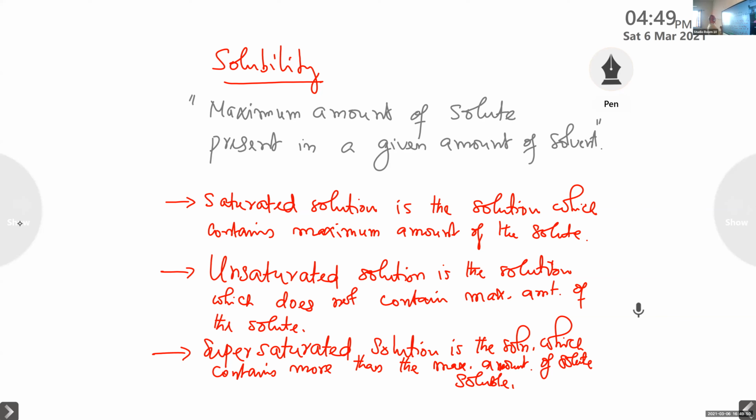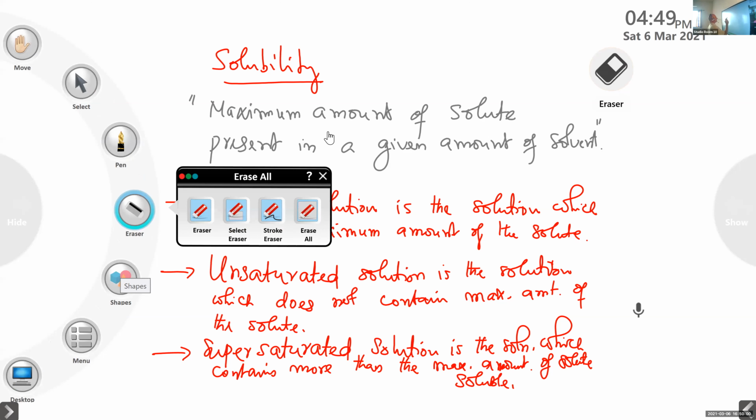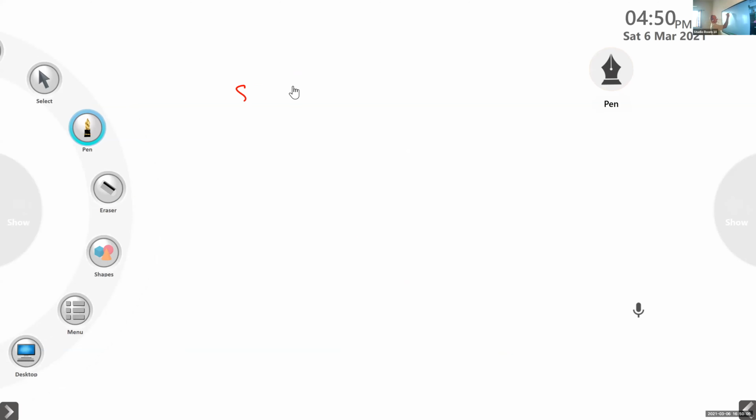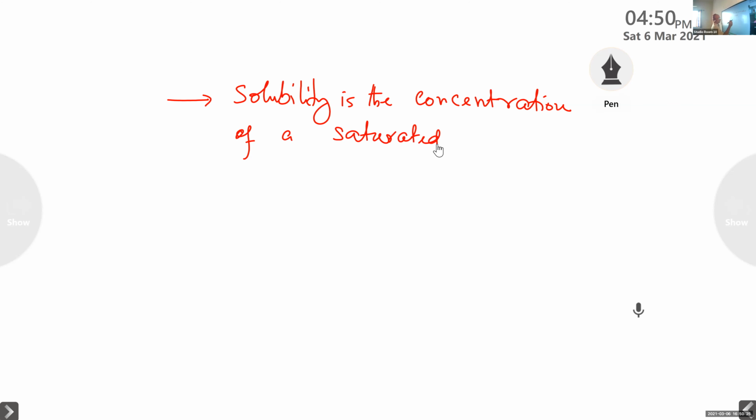So we can write the definition of solubility in another way also. The new definition goes like this: solubility is the concentration of a saturated solution, the maximum amount of the solute.